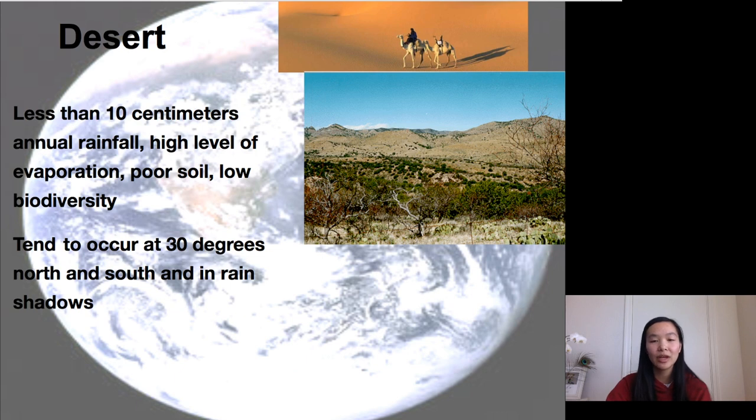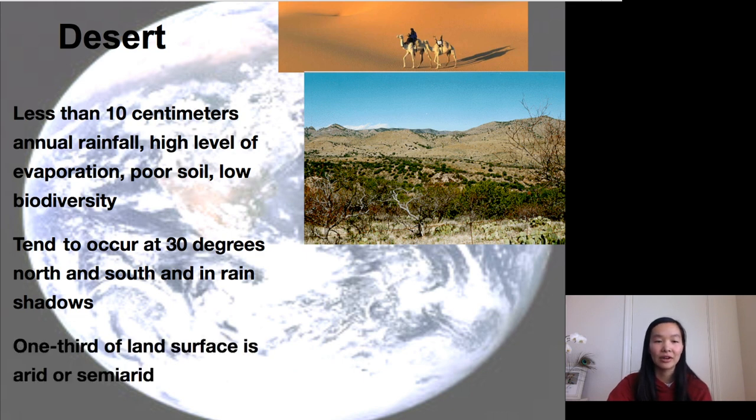And if you remember way back when we were talking about climate and air circulation, I said that the air that gets heated up at the equator rises and then cools and then sinks back down as dry air, and that dry air tends to land about 30 degrees north and south of the equator. So that's where you find most of your deserts, at 30 degrees north and south, because you have all that dry air, and deserts are dry places.